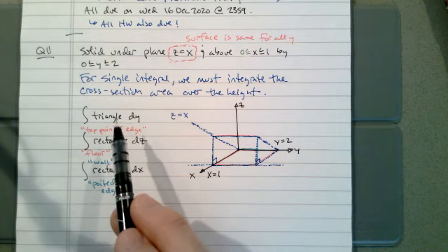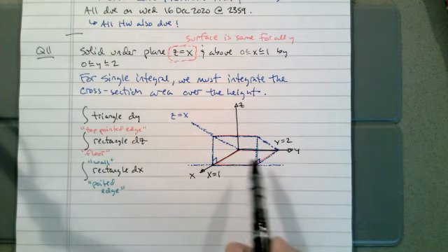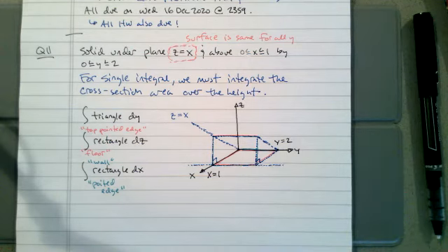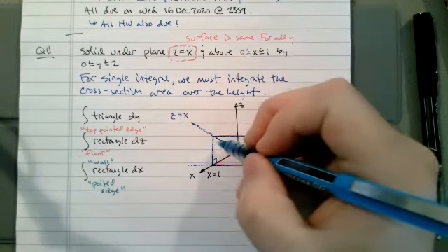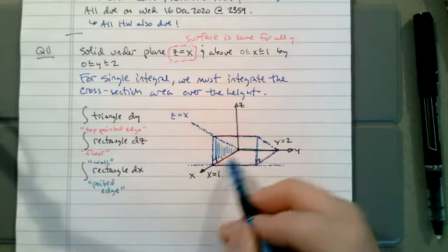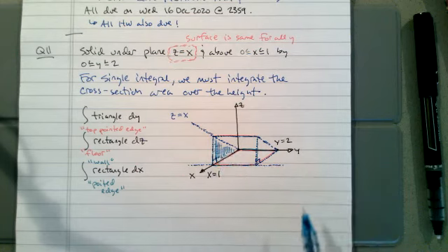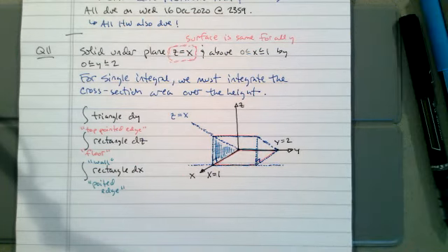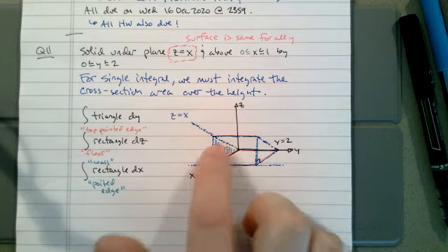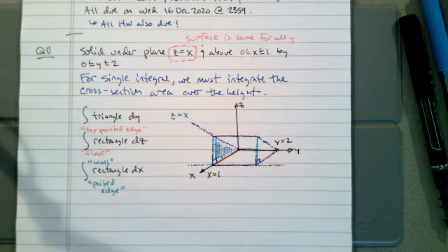But the triangle integrating dy is just the same triangle the whole way through. So notice that's in the y direction. This triangle is always the same. We just take that area and multiply it by 2. And we can represent that with an integral since that was the request. I didn't actually care about what the volume of the solid was. I set up an integral where we multiply this area by 2.